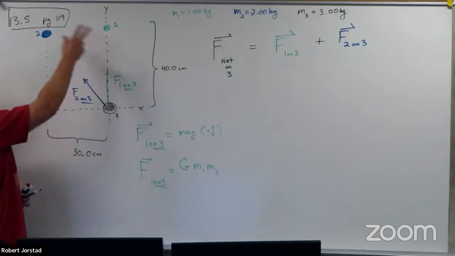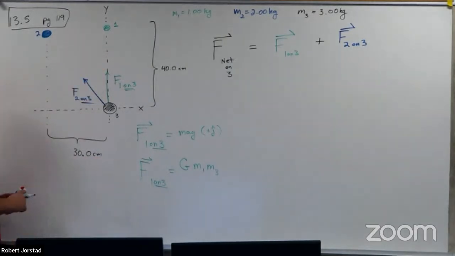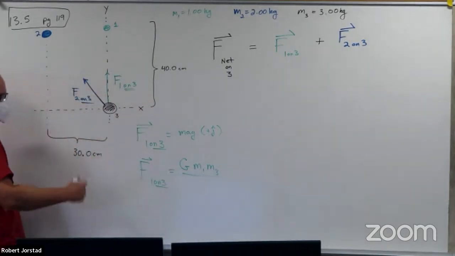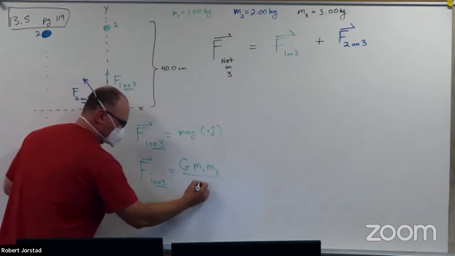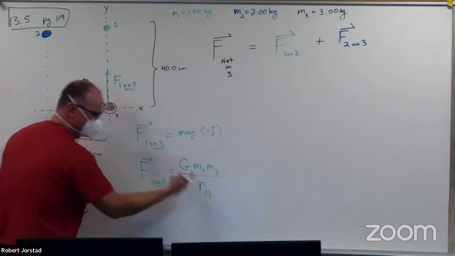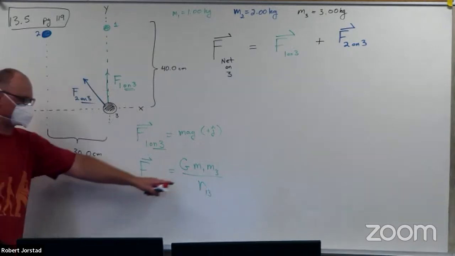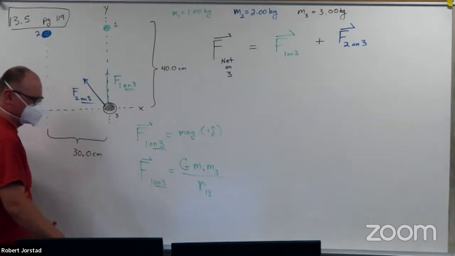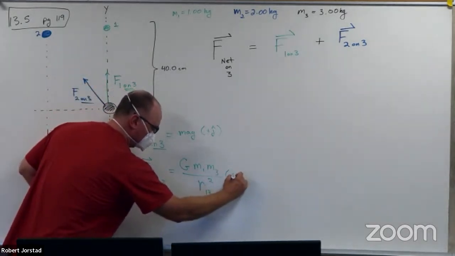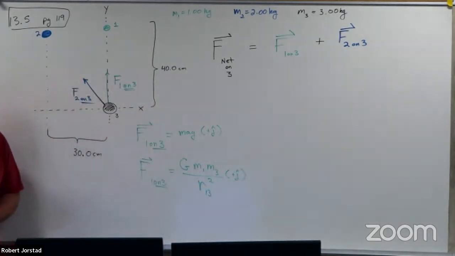When you have more than two masses, the subscripts start to be immensely useful. Divided by what? Which are? 3, 1. Yep. Do you agree that 1, 3 and 3, 1 would be the same because it's a distance? So then what? Squared, in the positive j hat.